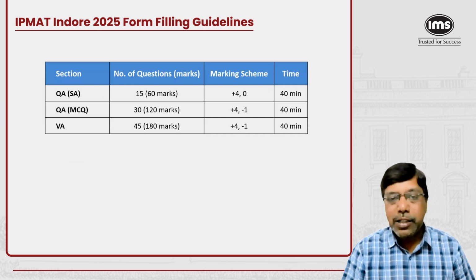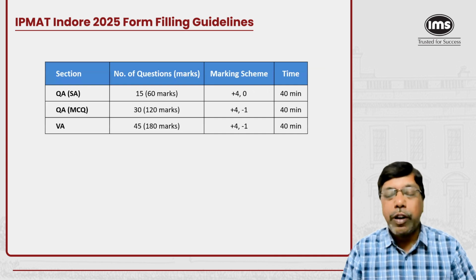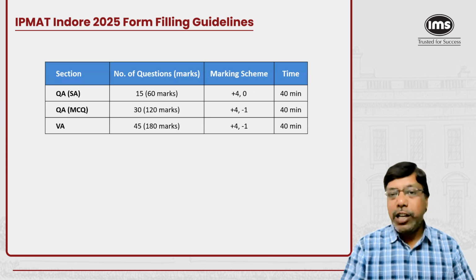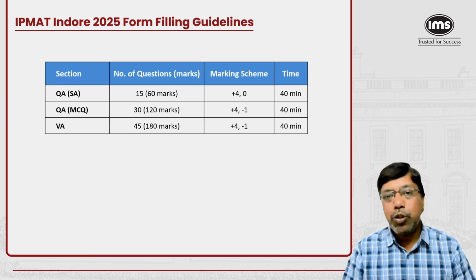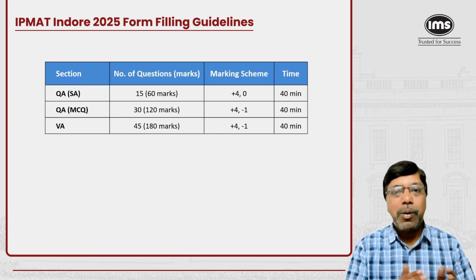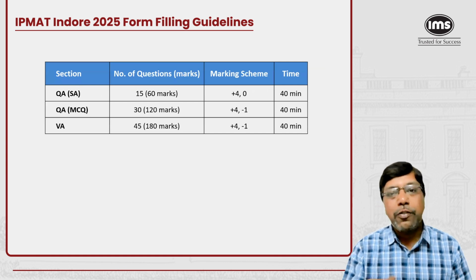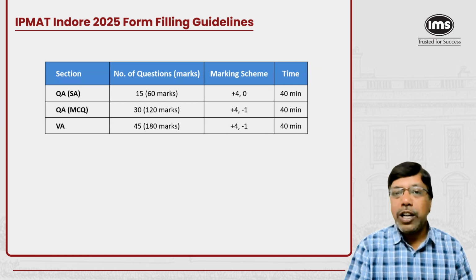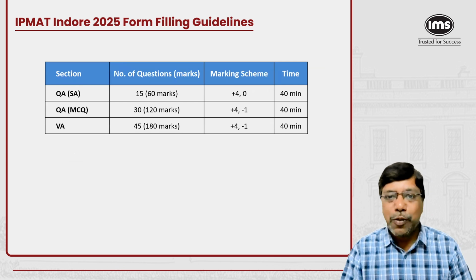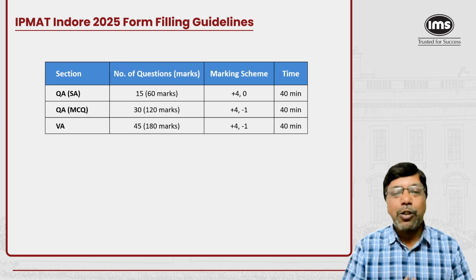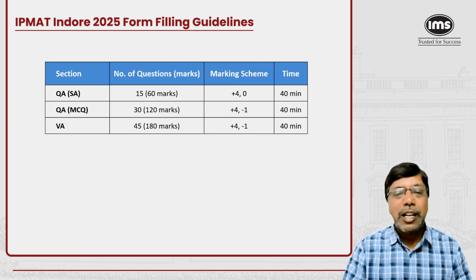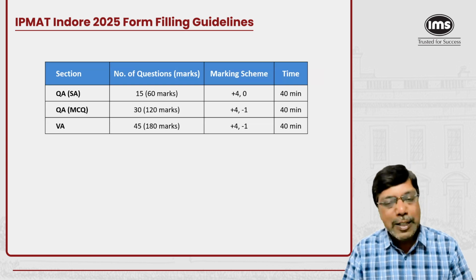Now, the test pattern has been the same over the past few years. 3 sections. The first 2 sections are of quantitative ability short answer section with 15 questions, quantitative ability multiple choice question section with 30 questions, and verbal ability with 45 questions.